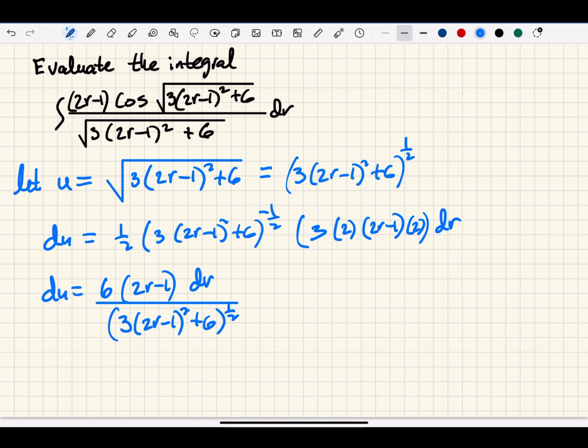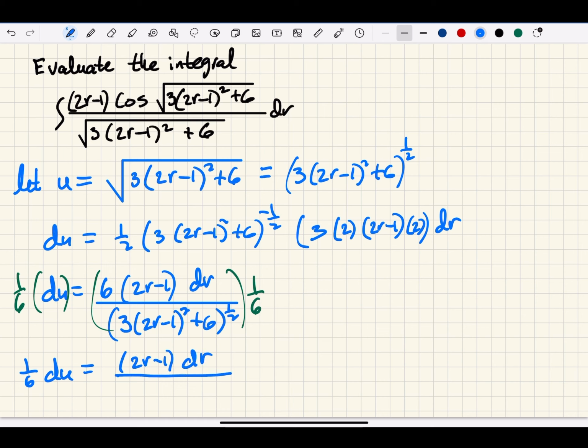So now we realize that we have (2r - 1) times dr divided by the square root of 3(2r - 1)^2 + 6, and we have that stray 6 out front. So we'll multiply both sides by 1/6, and we will find that 1/6 du will be equal to (2r - 1) dr over the square root of 3(2r - 1)^2 + 6.